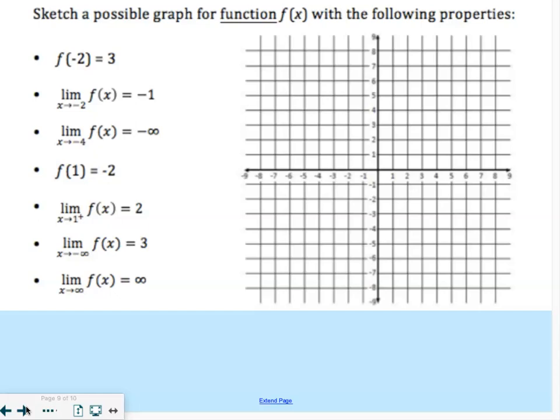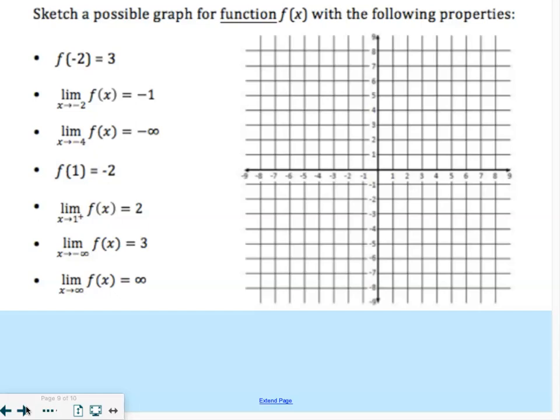I personally always start by plotting the dots. If this was on a test and I was grading it, it would probably be a point a thing, so I would just sit there and check off: they got that, they got that. The first thing I'm going to look for are the dots because those are the easiest things to check. So plot your function values, then start working on your limits.